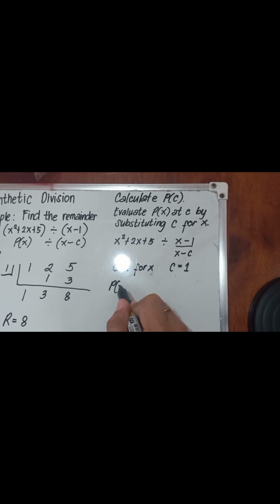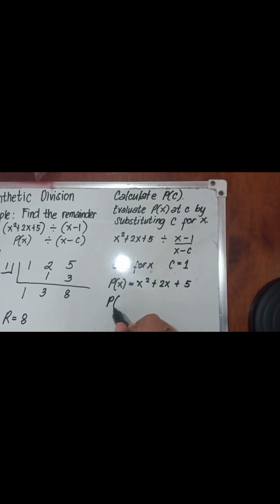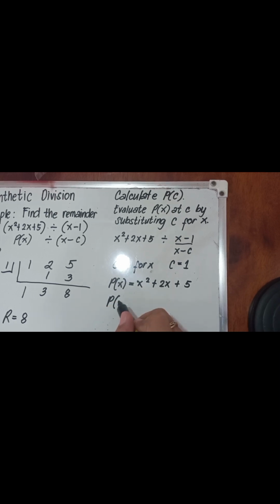So P of x is equal to x squared plus 2x plus 5. The value of x now is 1. Substitute all the variables x by 1.